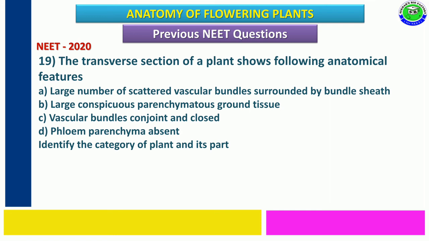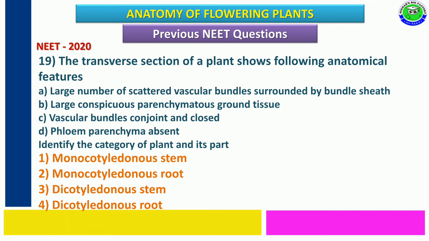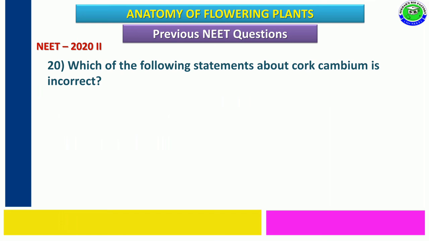So identify the category of plant and its part. First option, monocotyledon stem. Second option, monocotyledon root. Third option, dicotyledon stem. Fourth option, dicotyledon root. The correct answer is first option. So all these following features are seen in transverse section of monocotyledon stem only.